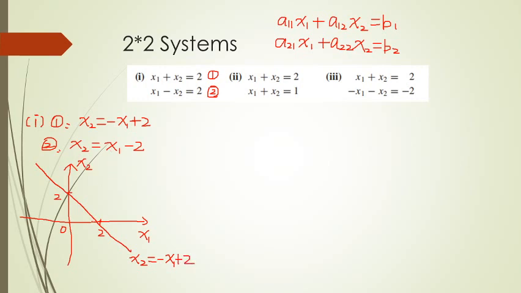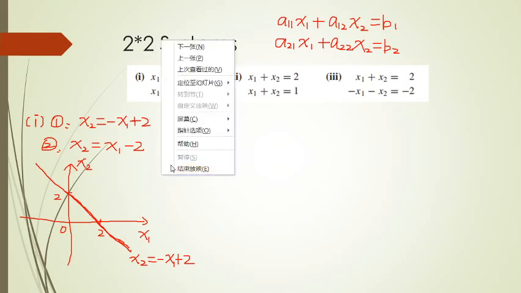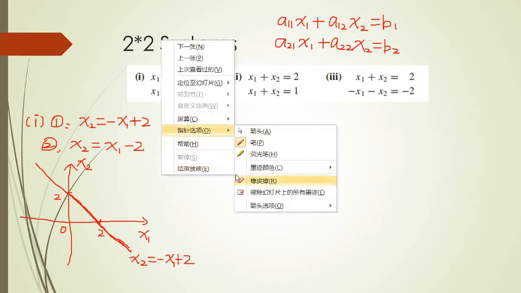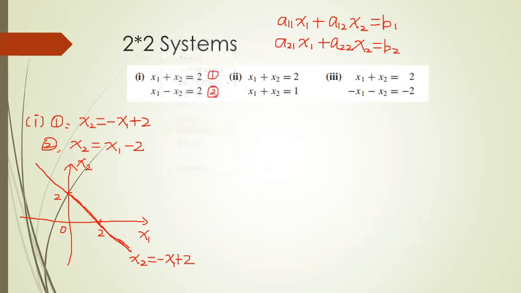And then, how about the second straight line? The second straight line is x1 minus 2. So that will be y equals x, shifted 2 units to the right. Shift 2 units to the right.